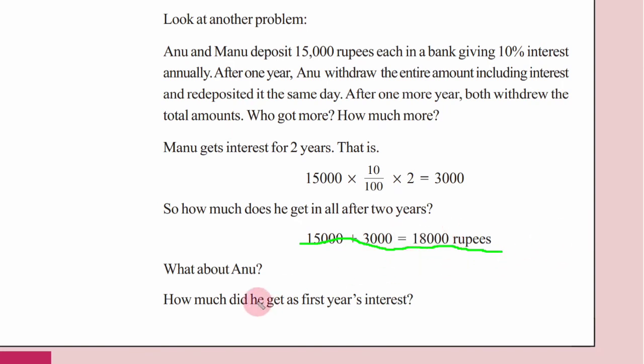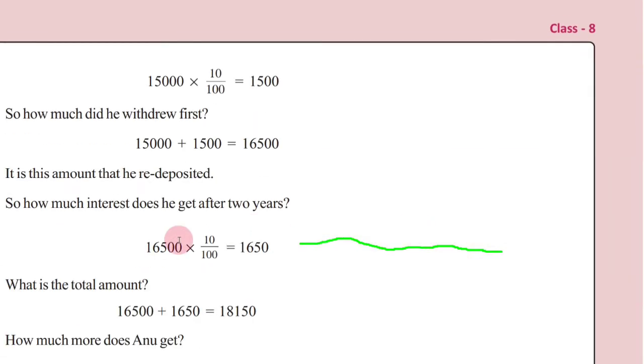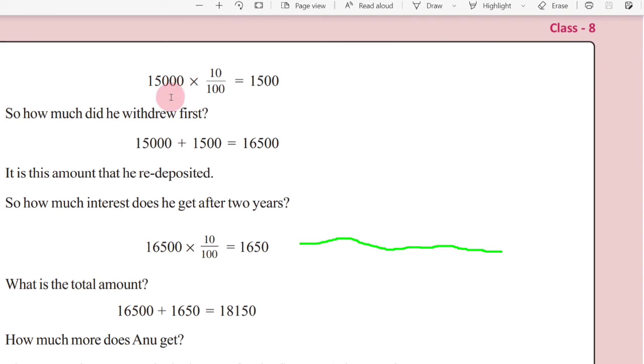But Anu withdrew the amount after 1 year. After 1 year, Anu got an interest of 15,000 into 10 by 100, that is equal to 1,500.